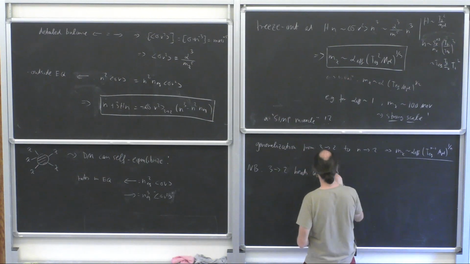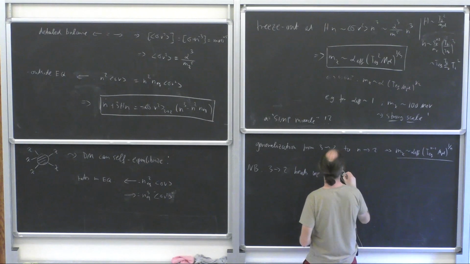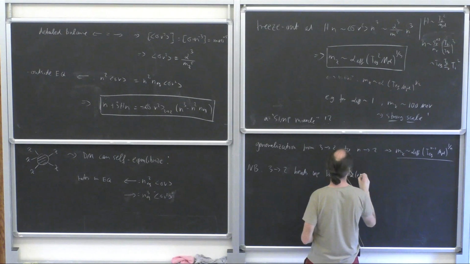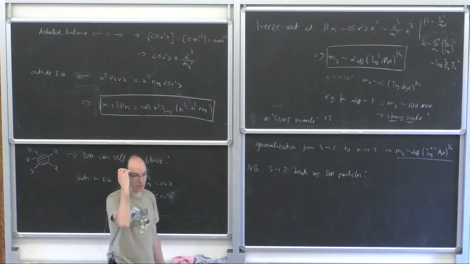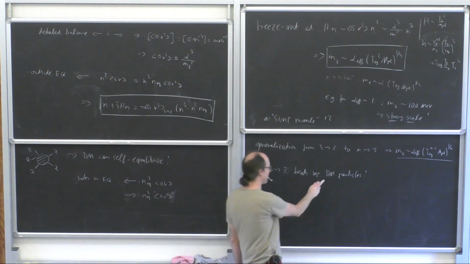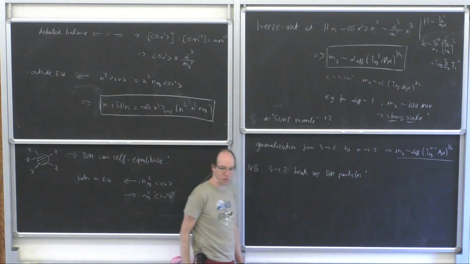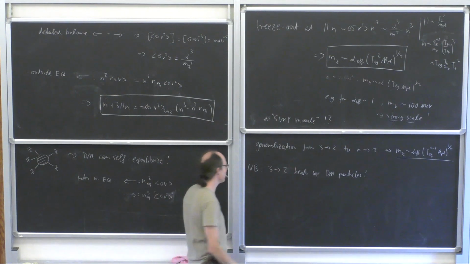It heats up the dark matter particles. And then we need to do something with this, because if dark matter is hot, this is excluded. So we can't allow that.